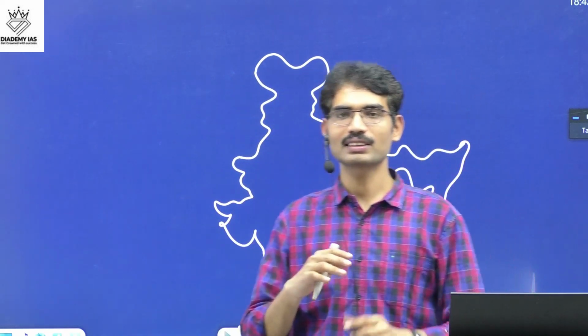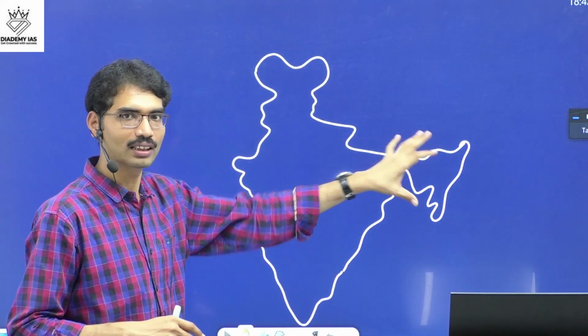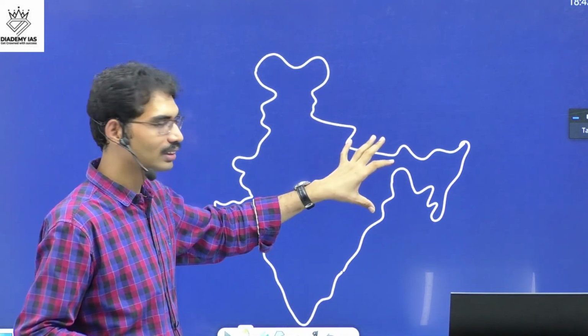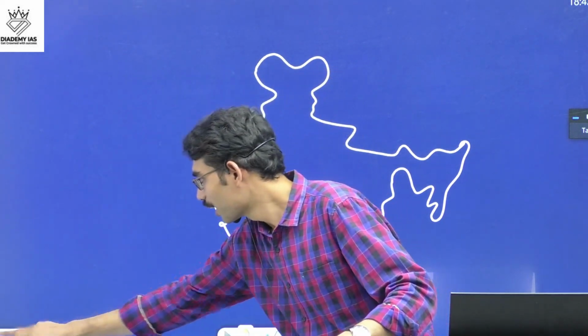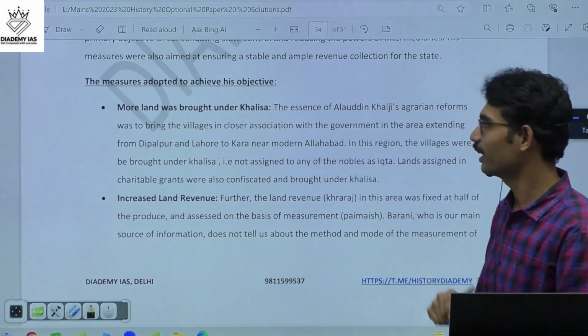But when Alauddin Khalji came, most of these lands were brought directly under the central government, under royal authority. The Persian term is Khalisa. So this is one: more land was brought under Khalisa.